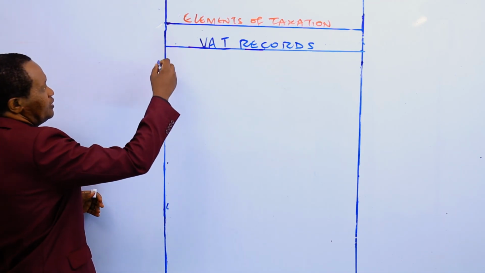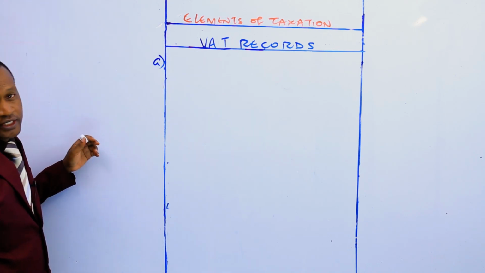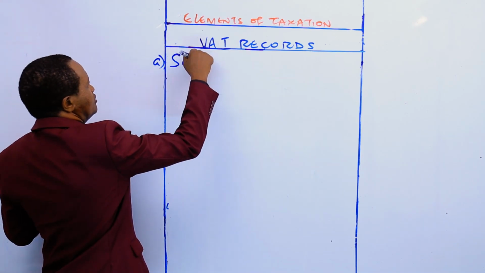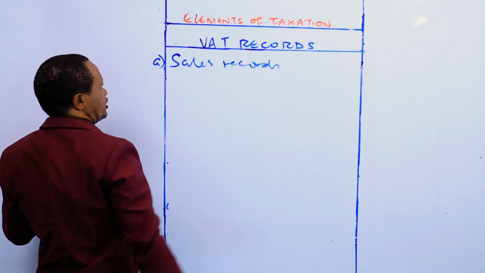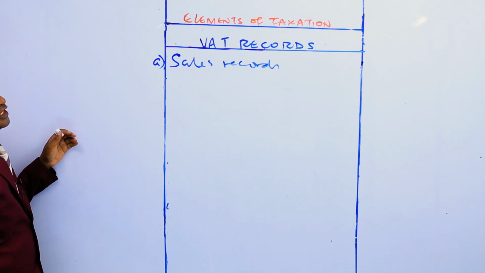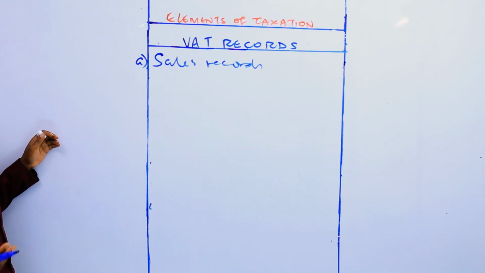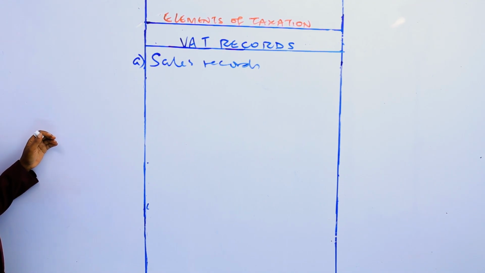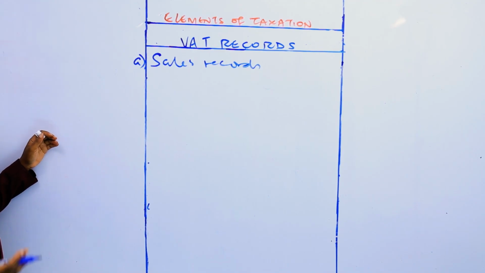Now, the first VAT record is the sales records. Registered VAT persons are required to maintain sales records, and that involves copies of all e-TIMS generated tax invoices and simplified tax invoices, which are cash sales or receipts that are issued.